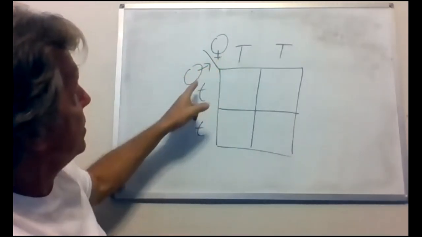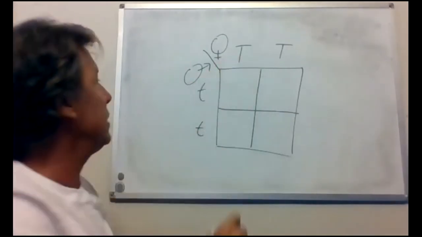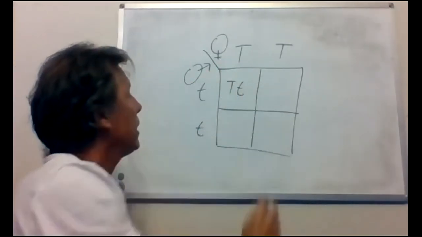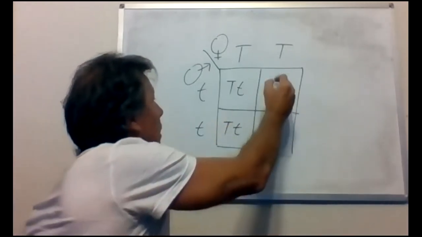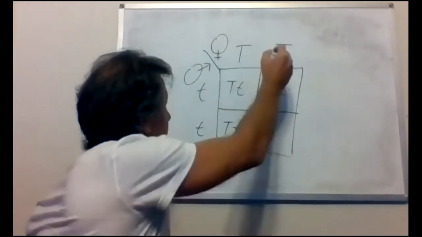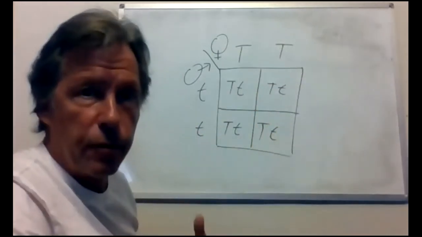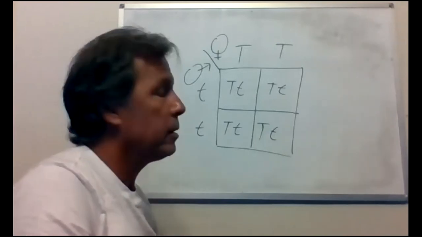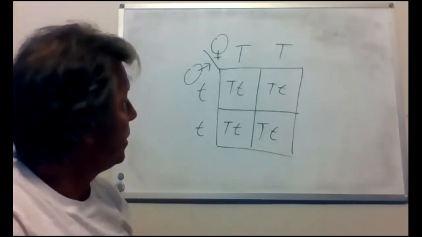What happens when these reunite in fertilization is that I get one big T and one little t. So in all cases, when I'm crossing these with each other, all of the offspring genotypically are heterozygous.